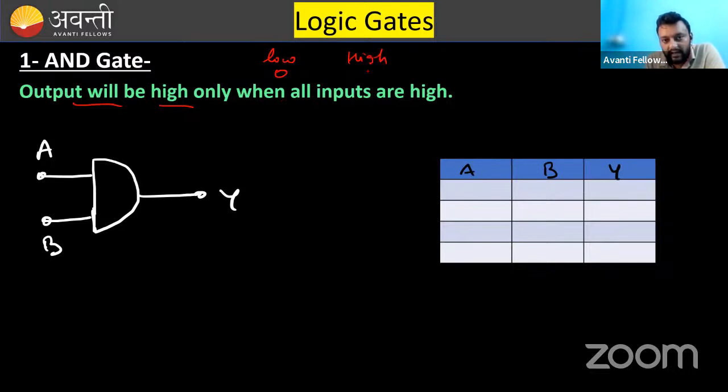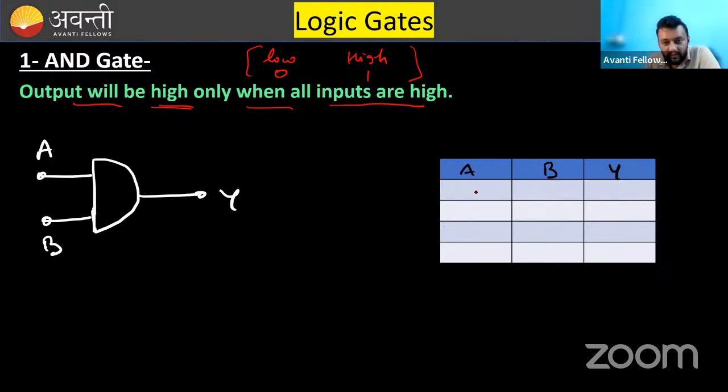Low is denoted by 0, high is denoted by 1. That's all. This is all of digital electronics. So the output will be high only when all inputs are high. जब सारे इनपुट हाई होंगे तब ही आउटपुट क्या हो सकता है? हाई हो सकता है. हाई का मतलब 1 हो सकता है.